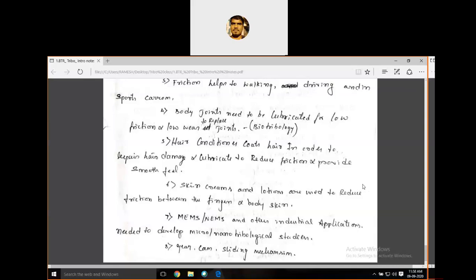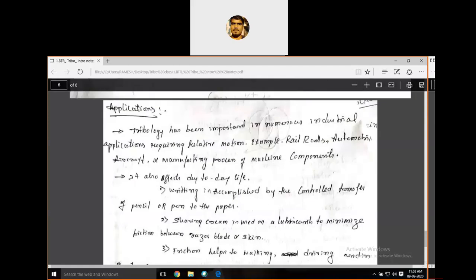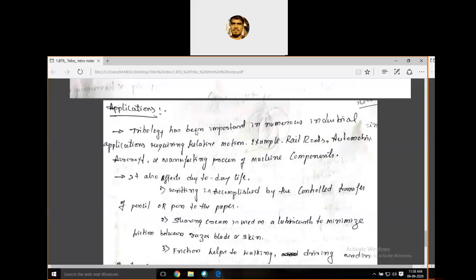We cannot avoid it. So here we need a lubricant to avoid or slow down the friction between the two metal surfaces. So these are the common applications where we can see tribology, in our day-to-day life as well as industrial applications.